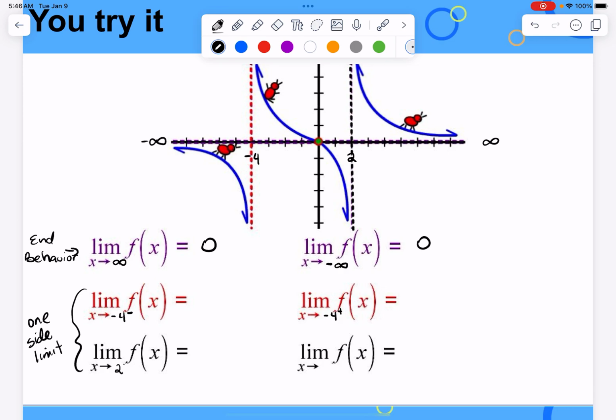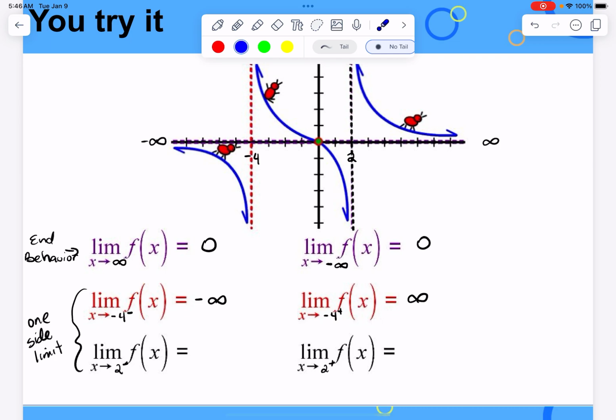So 2 from the left, 2 from the right. So the limit as x approaches negative 4, so here's negative 4, from the left, notice that it is decreasing, so it's going to negative infinity. And the limit as x approaches negative 4 from the right, it's increasing, so it's going to infinity.